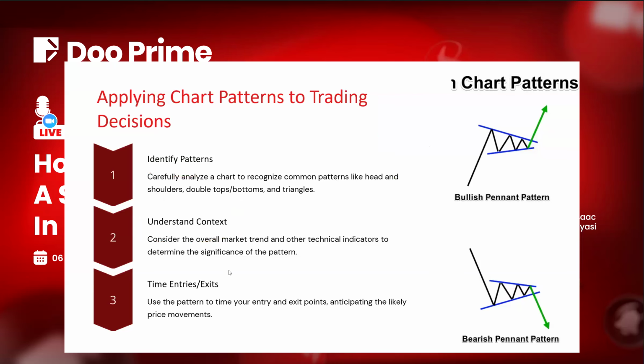Then you have to time your entries and then your exits. Use the patterns to time your entries and exit points, anticipating the likely price movements. That's basically it. First of all, learn to identify the patterns, understand the overall market trend, and then do your entries.